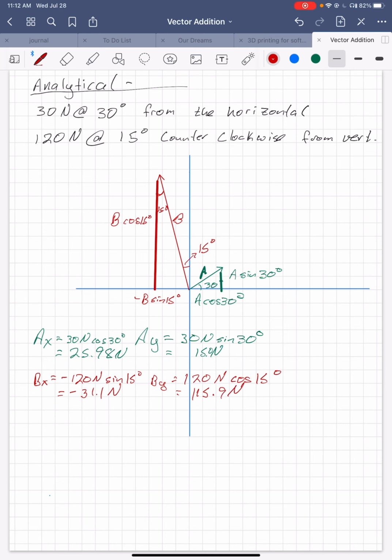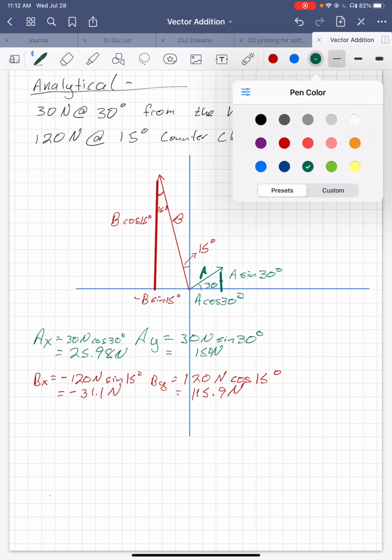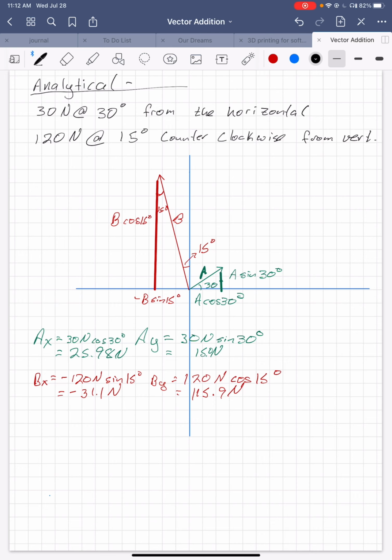So my total vector C, okay, CX would just be AX plus BX. And that is negative 5.12 newtons.